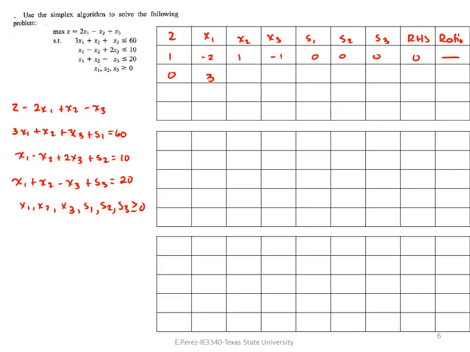Then 0, 3, 1, 1, 1, 0, 0, 60. Then 0, 1, minus 1, 2, 0, 1, 0, 10. Then 0, 1, 1, minus 1, 0, 0, 1, and 20.